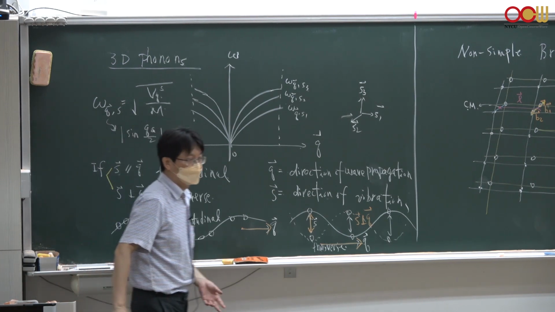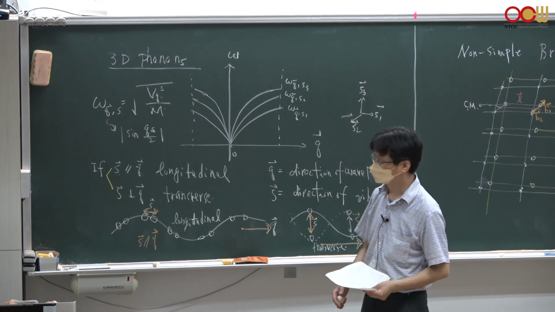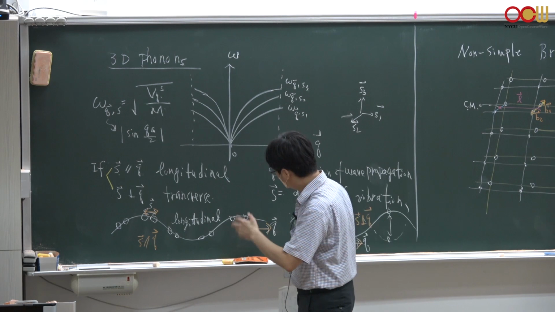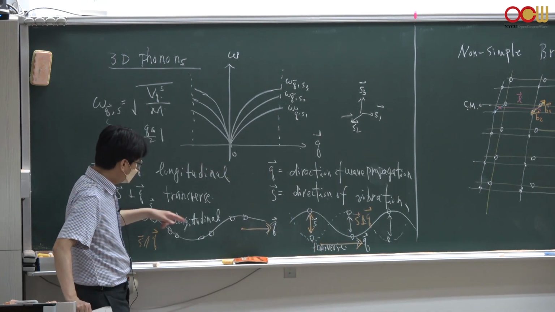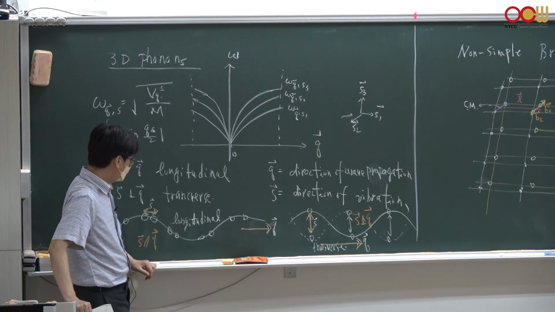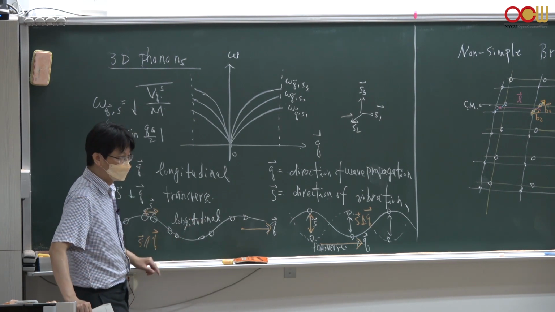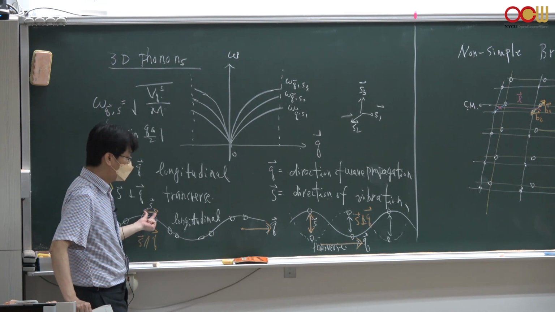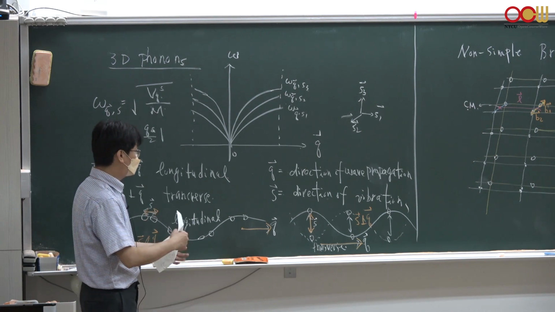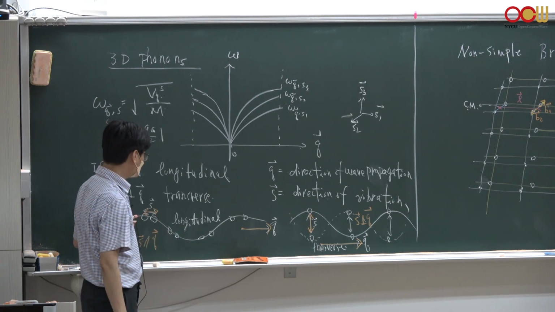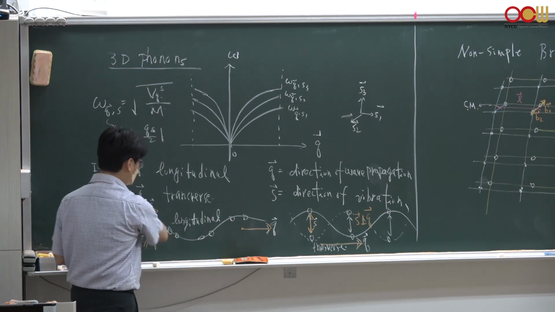Okay, so we will give you some concrete examples of both longitudinal and transverse phonon modes, but to illustrate this in a cartoon picture of wave propagation as a phonon mode, we could have the longitudinal mode where the atoms are moving along this kind of sine wave direction, where the s vector, which describes the direction of the lattice vibration, is along the x-axis, which is the same direction as the wave propagation.